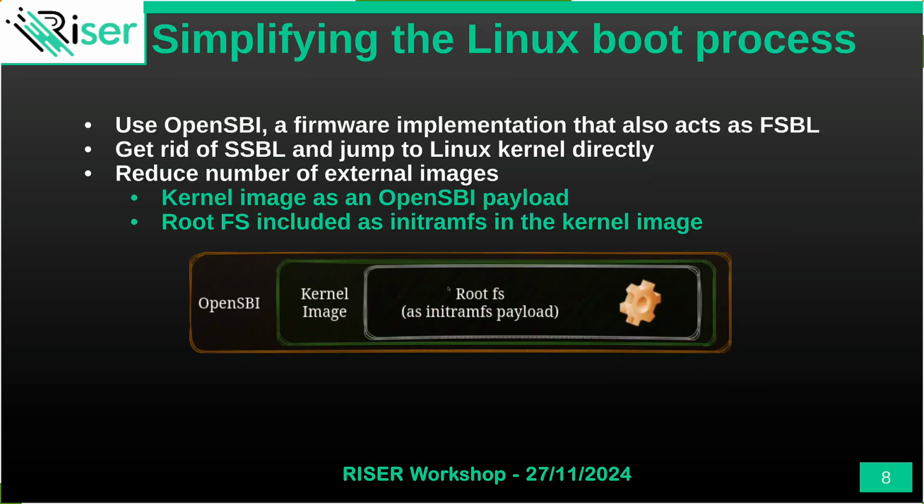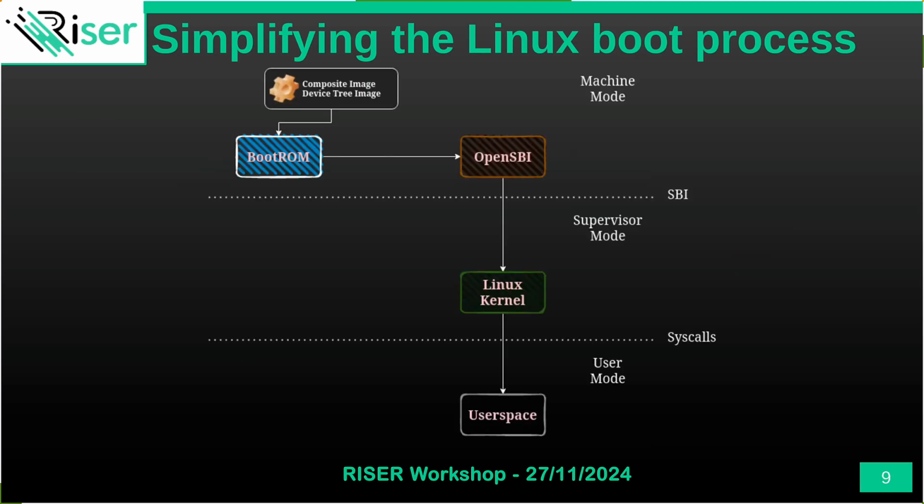Finally, we can also have a small initramfs with basic tools that we embed in the kernel binary. So we have a small rootfs that we embed in the kernel image, and then we embed the kernel image in the OpenSBI binary, and we have one binary with everything we need in there. Basically, it's one payload. We put it in memory, jump there, and things happen. We don't have to do multiple fetches of multiple images. So this is how it looks. It's much simpler, much easier to debug.